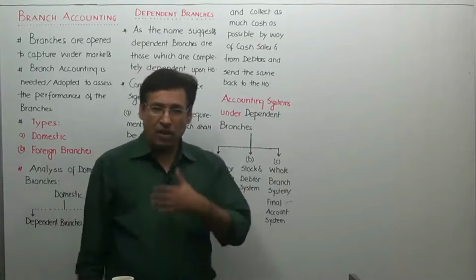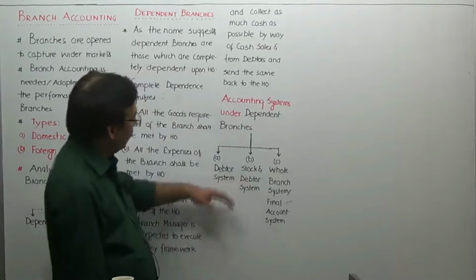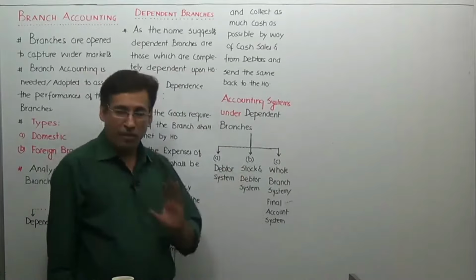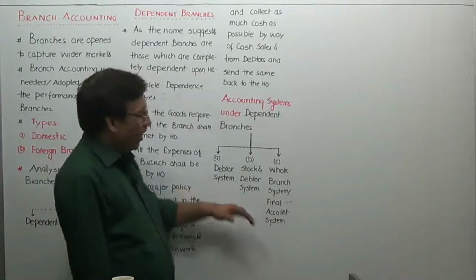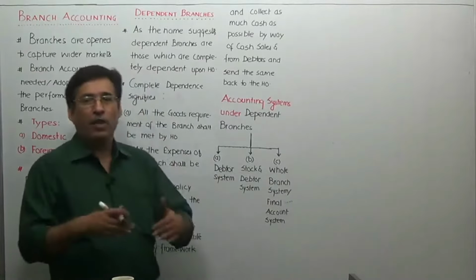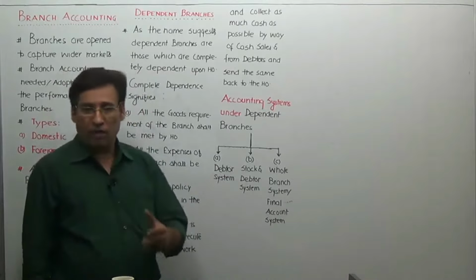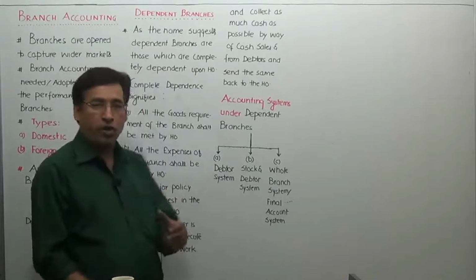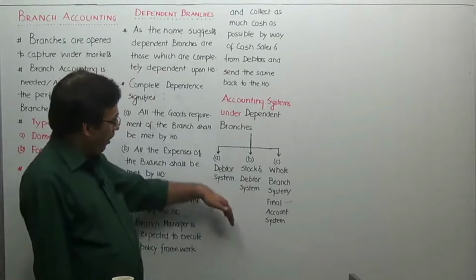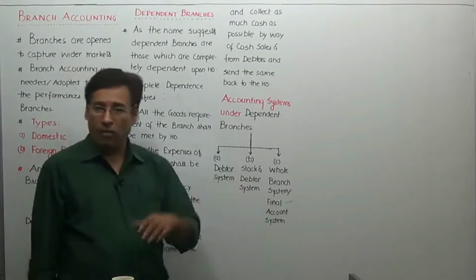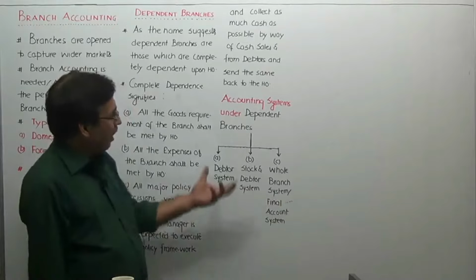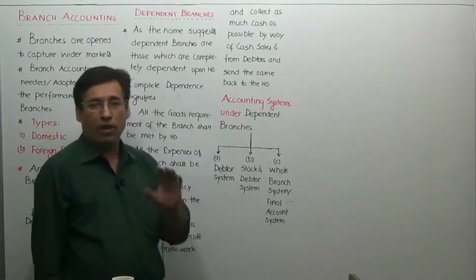That is the reason why 3 systems have been developed, so that a branch, according to its affordability, need, objective and scale of production, can adopt the relevant system of accounting.